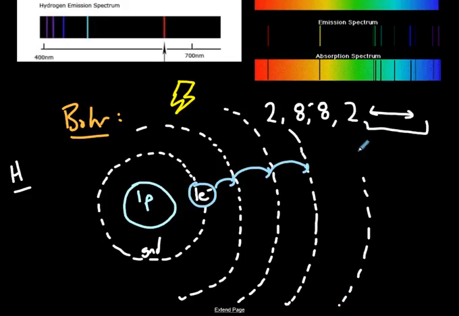And if enough energy is put in, it'll peel that electron off, and it'll do what's called ionizing the atom. But we're not going to go there. We're just going to say that the electron can get popped up to some higher energy level. We don't know which one it goes to, but some higher energy level.